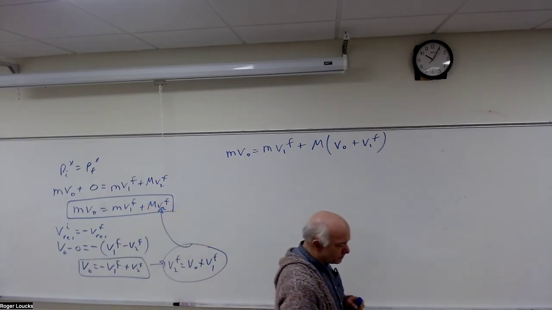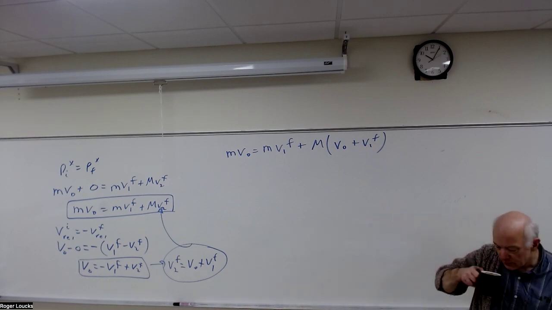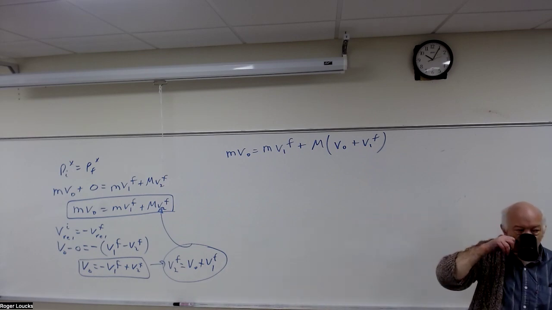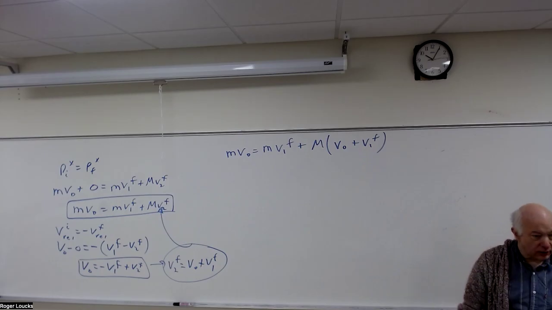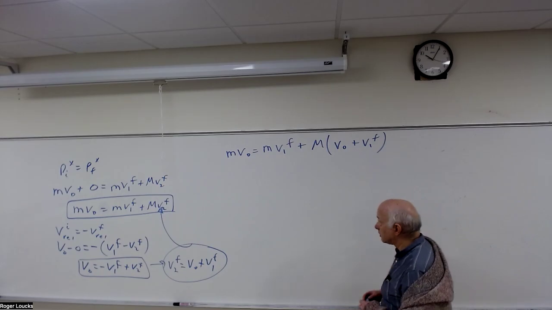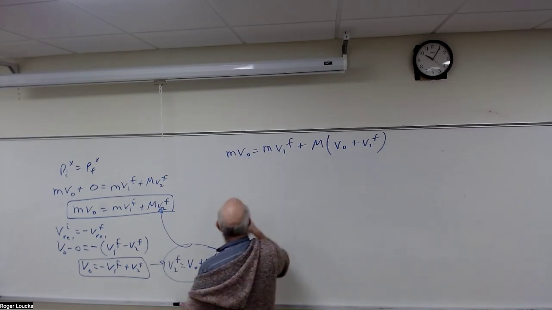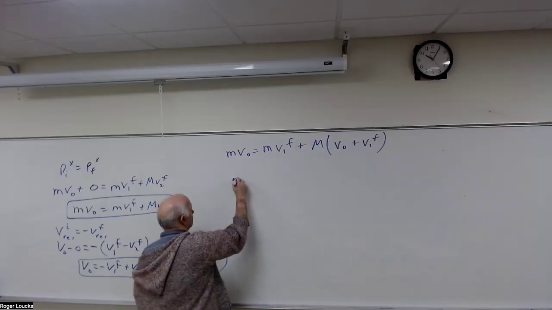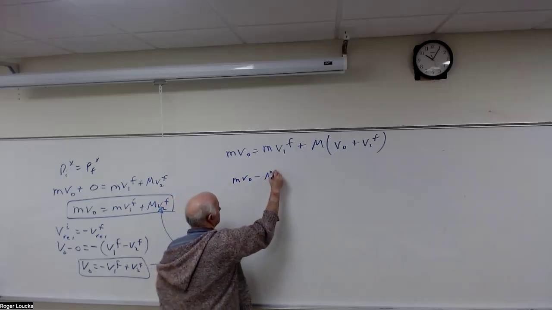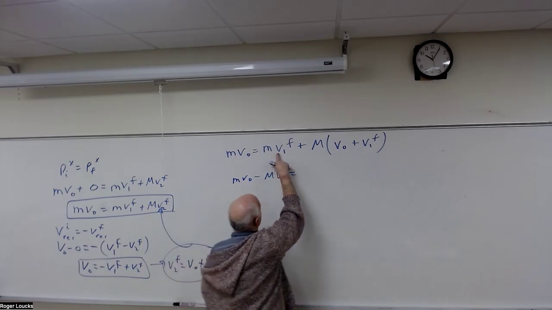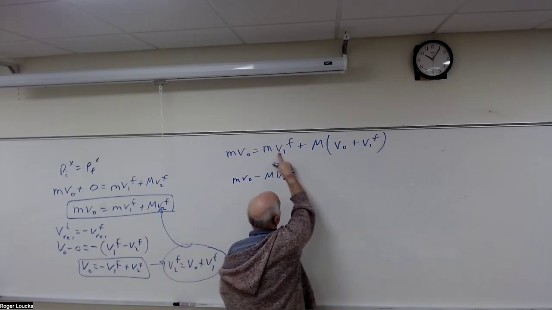What do I do now? Yeah, so I'm going to get all the little M's together and all the big M's together. I'm sorry, I'm going to get all the V naughts together and all the V1 finals together. So I'm going to take this from over here. And then I'm going to factor out this V1 final from here and from here.